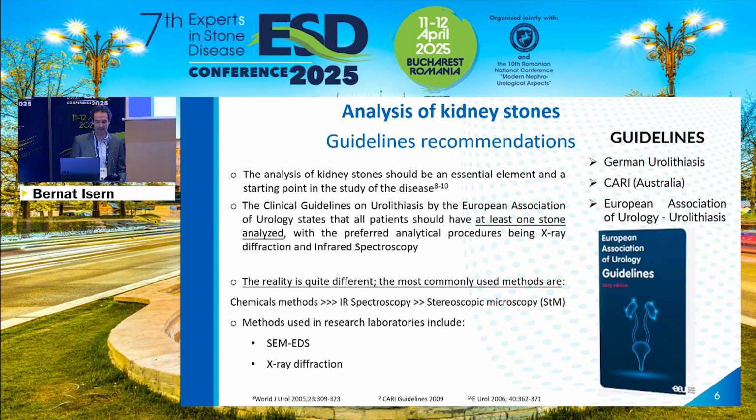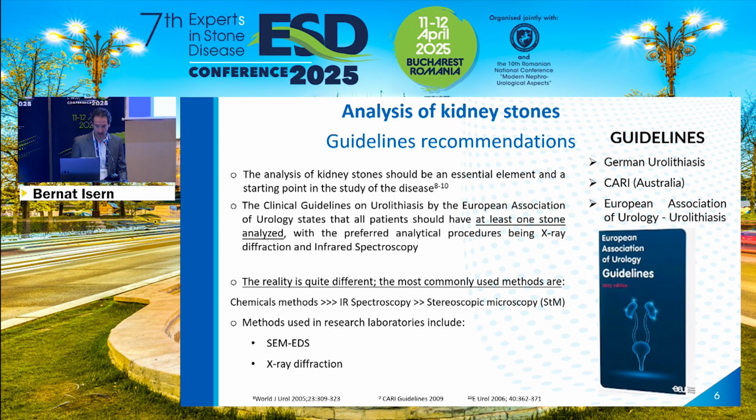Different clinical guidelines on urolithiasis consider stone analysis elemental and the starting point in the study of the disease. In particular, the clinical guidelines on urolithiasis by the European Association of Urology specify that all patients should have at least one stone analyzed.